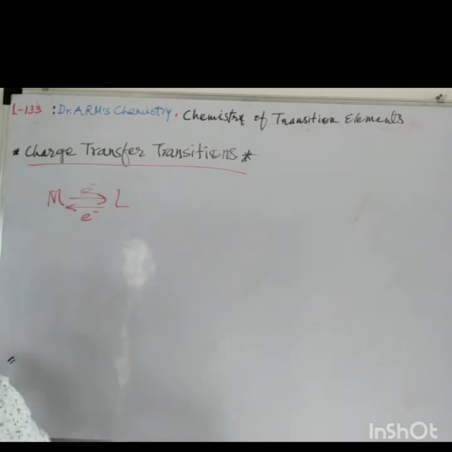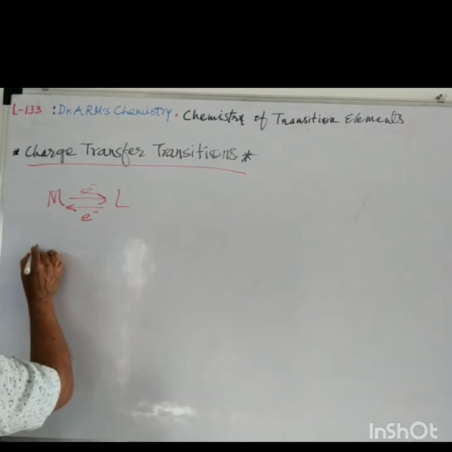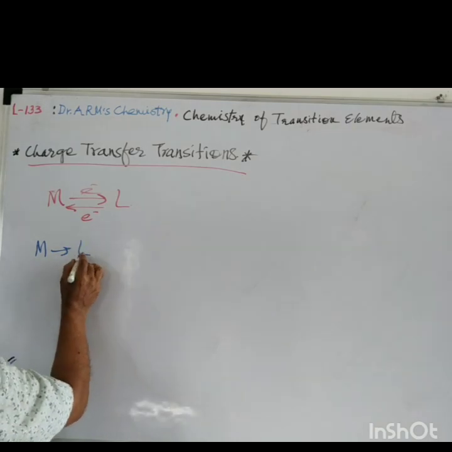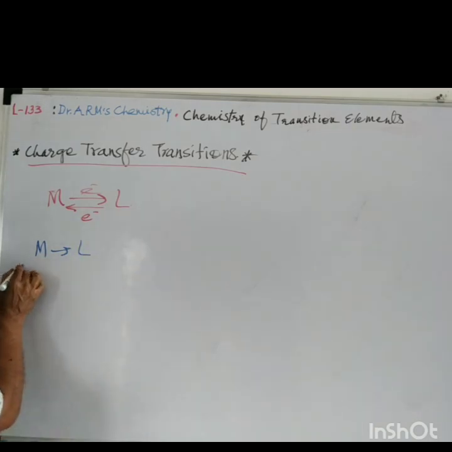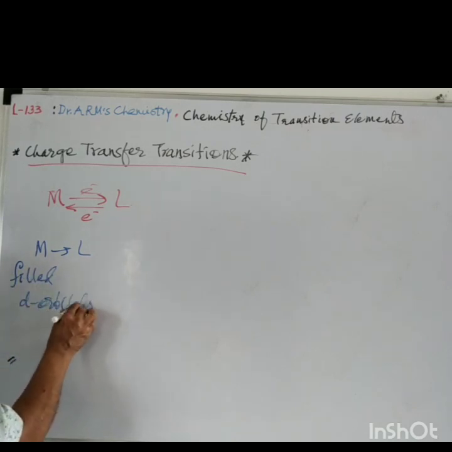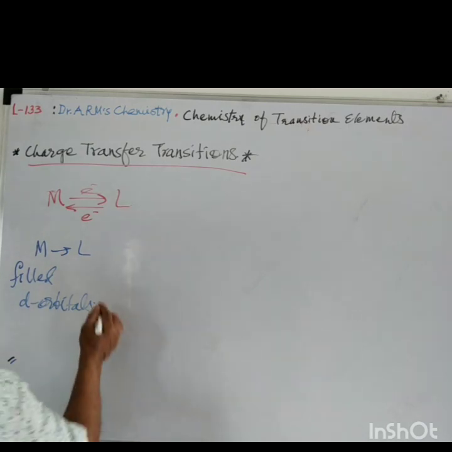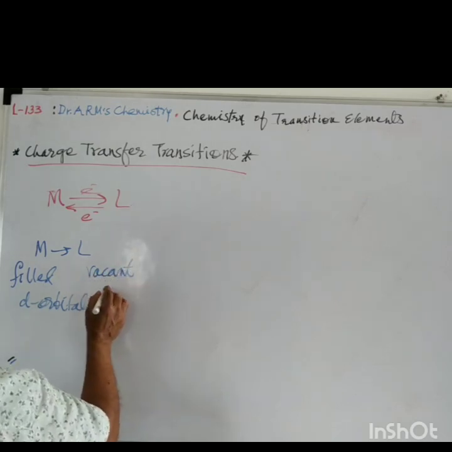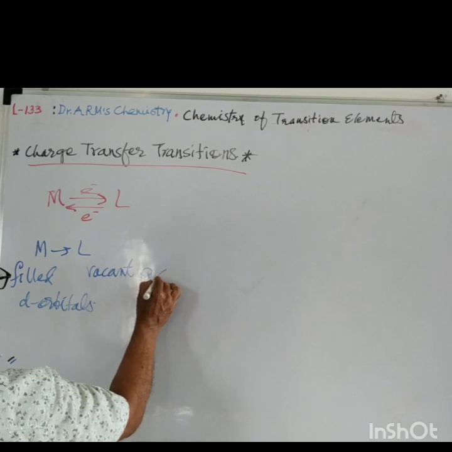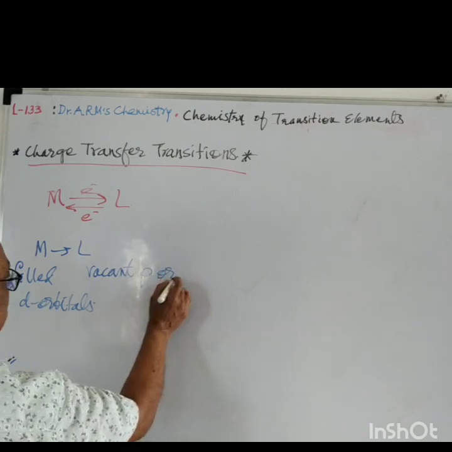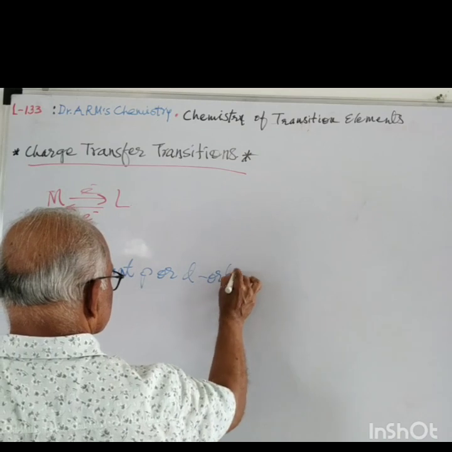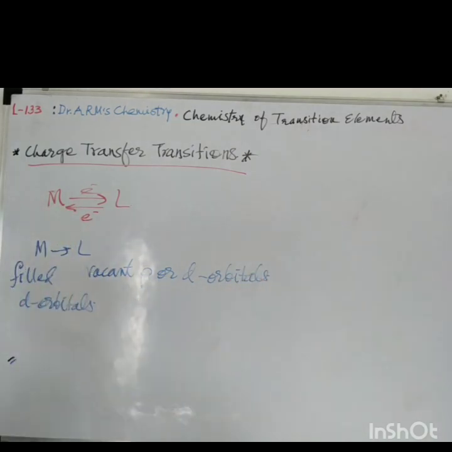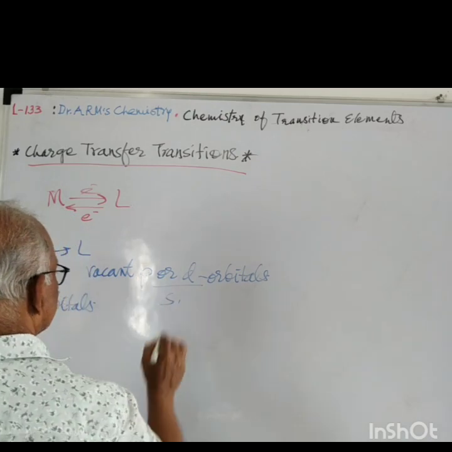So if the above type of transition is taking place, if metal to ligand transitions are taking place, then the metal has filled d orbitals, and the ligand has vacant p or d or s orbitals also.